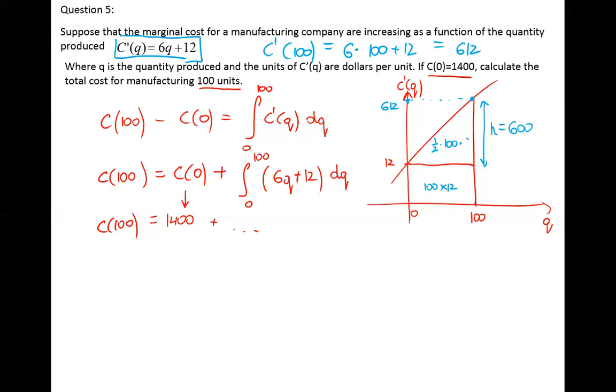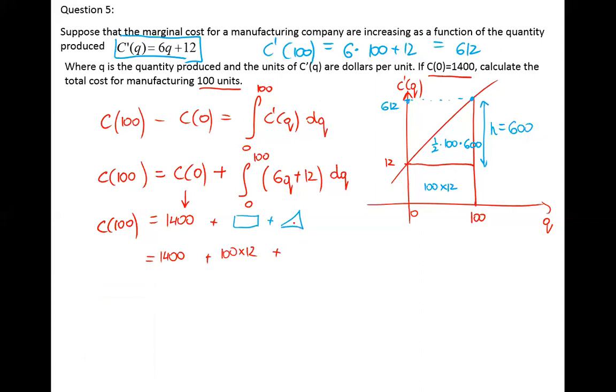That means my triangle is 1/2 times 100 times 600. Let's put this together. The rectangle, I can actually add the triangle. The area of the rectangle is 100 times 12.